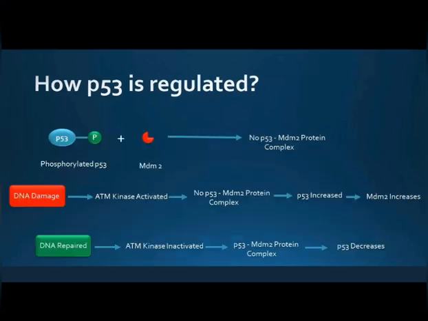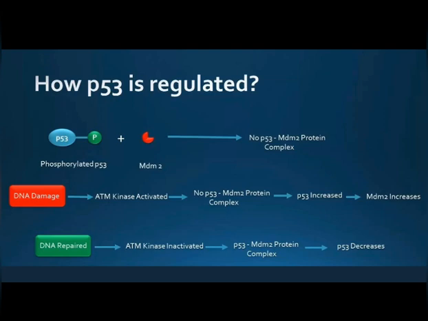But in case of DNA damage, p53 gets phosphorylated through ATM kinase activation. Once p53 is phosphorylated, MDM2 cannot form a complex with p53. So no p53 MDM2 protein complex will be formed, and this will further increase the p53 level.